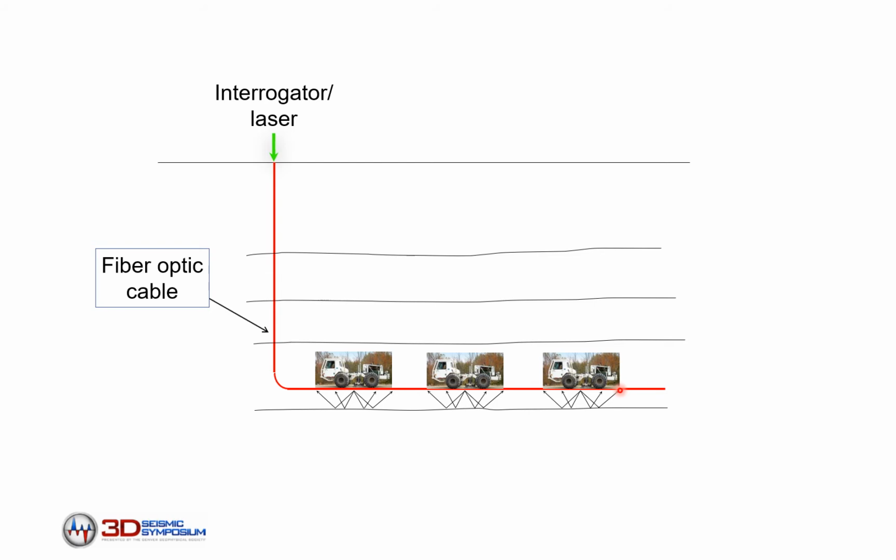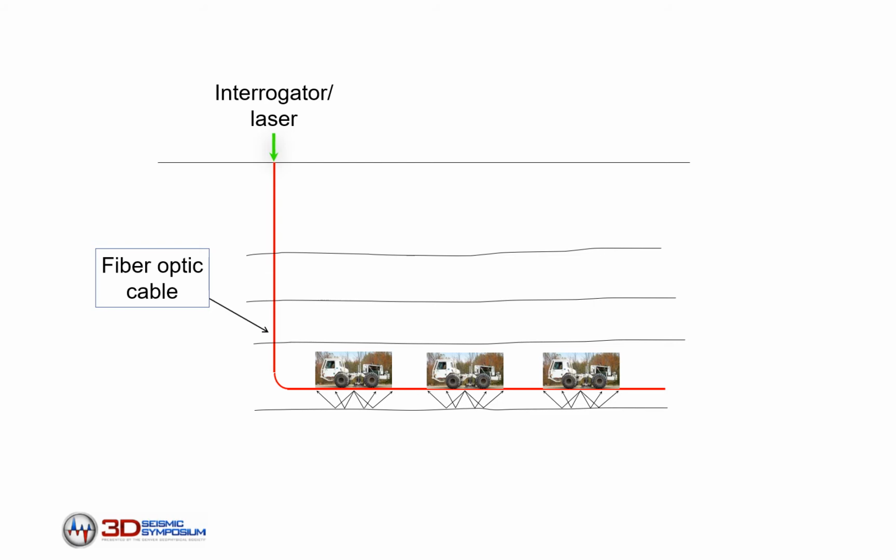And then we process the data using typical CDP data processing flows. We're able to use normal move-out analysis, statics, all the things you can use in surface seismic processing. It makes things a lot easier and a whole lot faster, and we get some very good results out of it. So we encourage this downward continuation approach when we're talking about reflection imaging using the horizontal DAS cable.